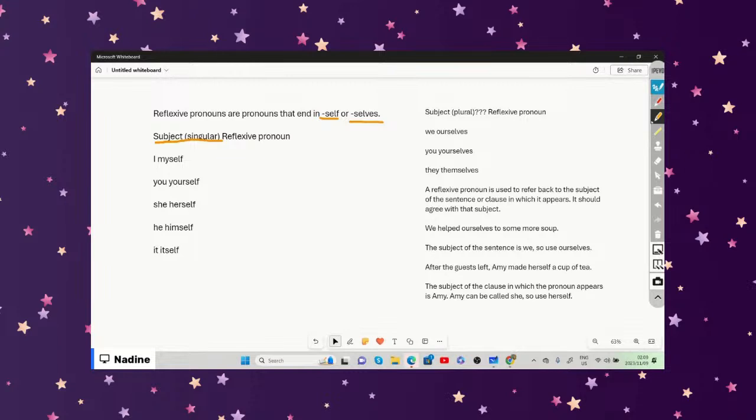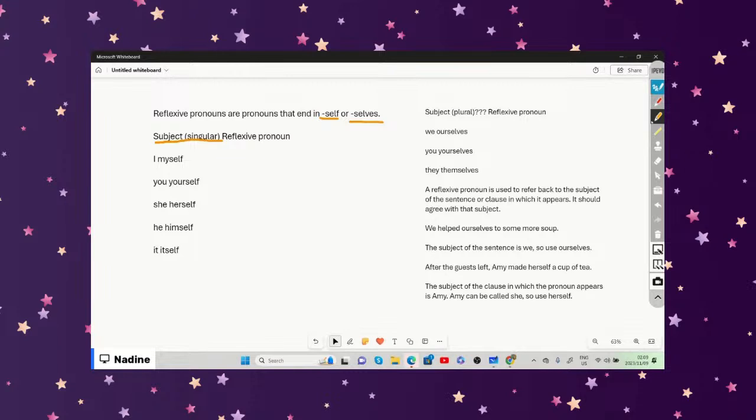And once again, if we go over our singular subject reflexive pronouns, then we will say I, myself, you, yourself, she, herself, he, himself, and it, itself. That is how they refer to individuals in a singular way.